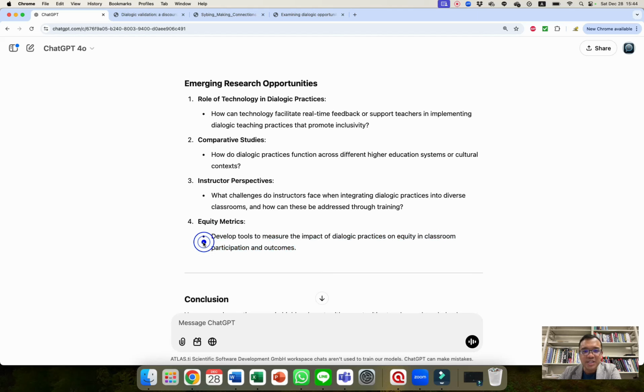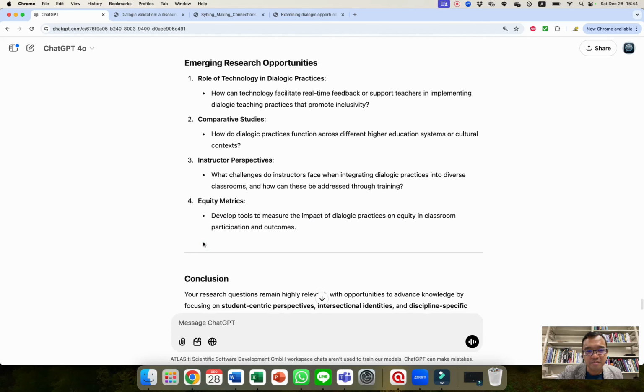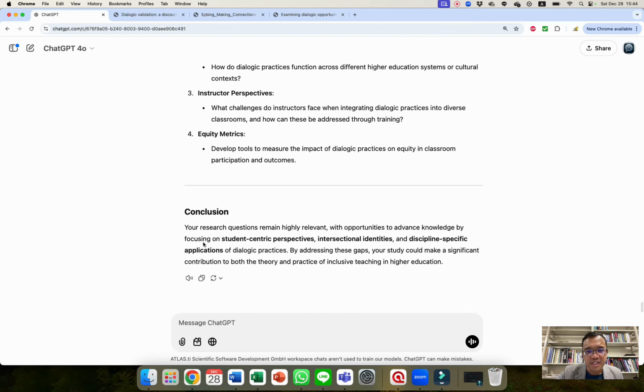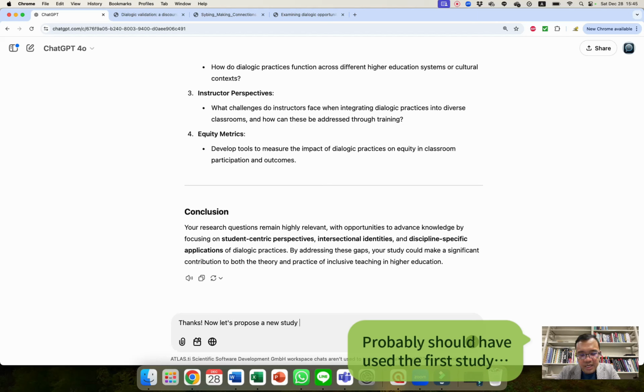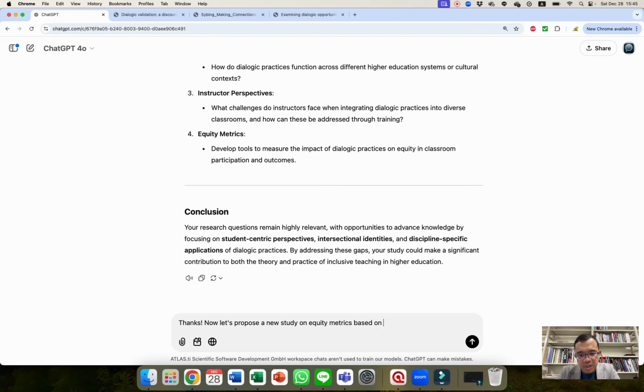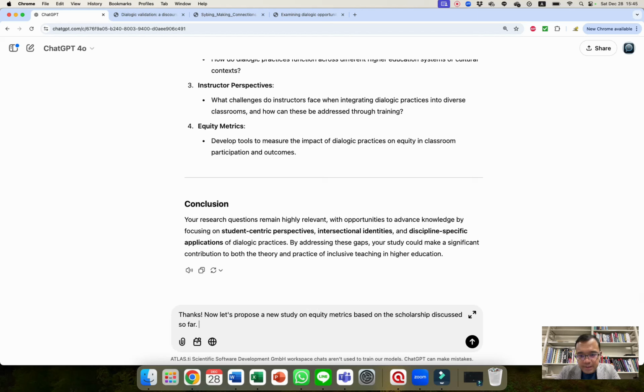So let's dive into the last one and see if we can propose a study. We did have the initial study above, but let's see if we can do one more. Now let's propose a new study on equity metrics based on the scholarship discussed so far.